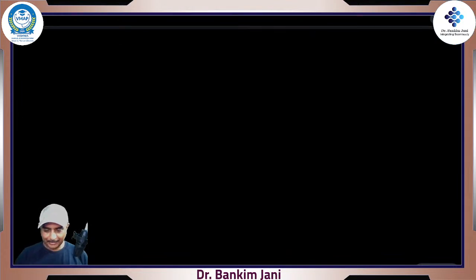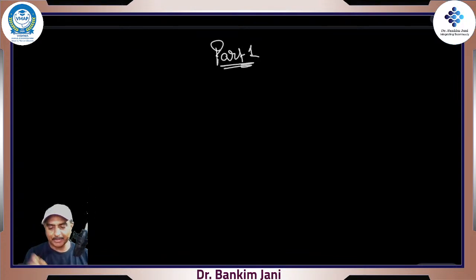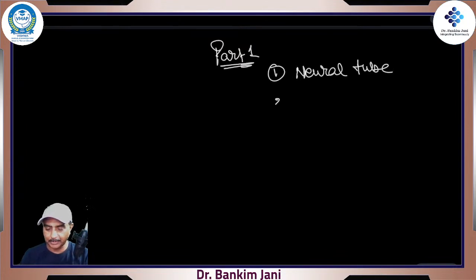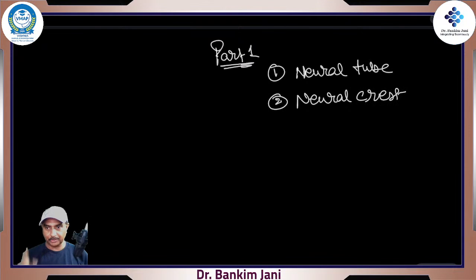So what is expected from you? Say this is what we did in part 1, right? What I am expecting is that you should know 3 things very properly. One, the neural tube, the formation of the neural tube, right? Second, the neural crest, that neuroectoderm.